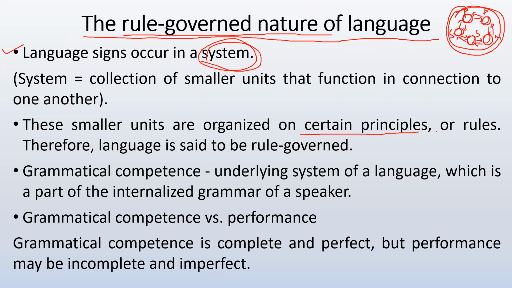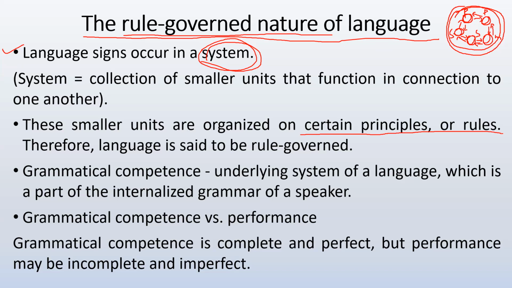That is where we have grammar rules, right? When we talk about the word formation, there are grammar rules. When we talk about the sentence formation, there are grammar rules. When we talk about assigning meaning to words or sentences, again, there are semantic rules.